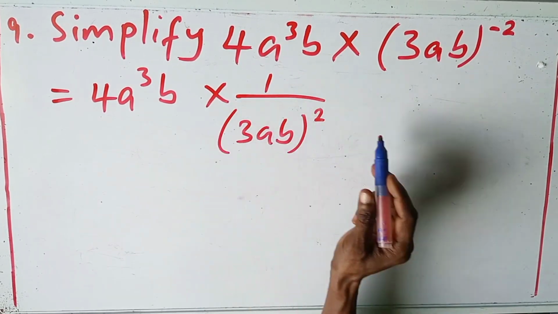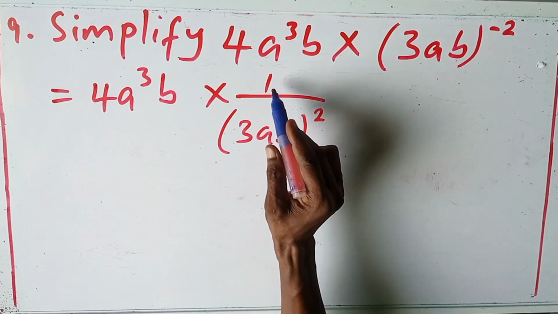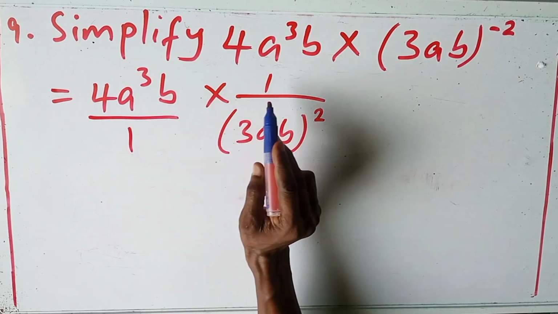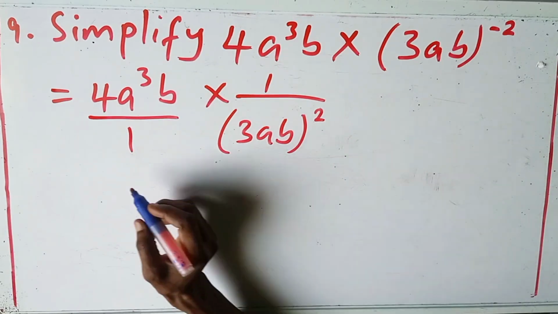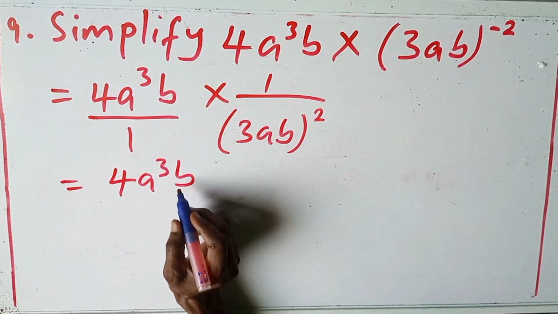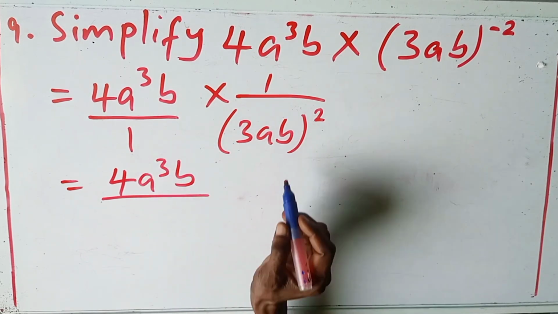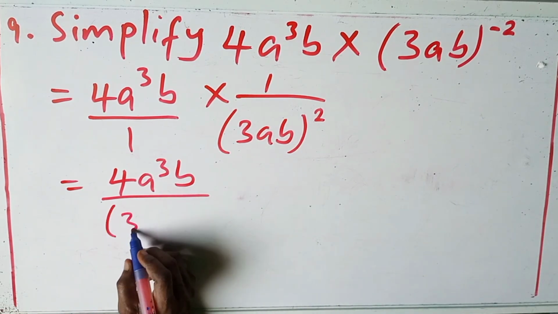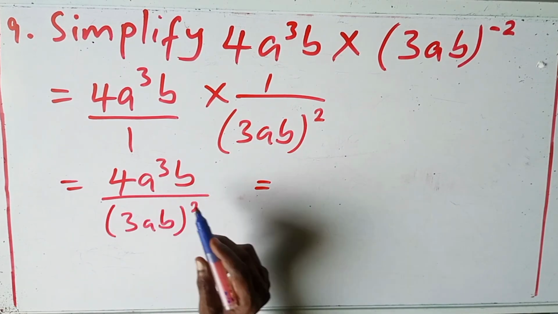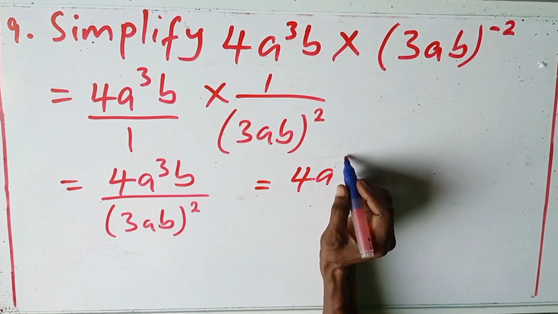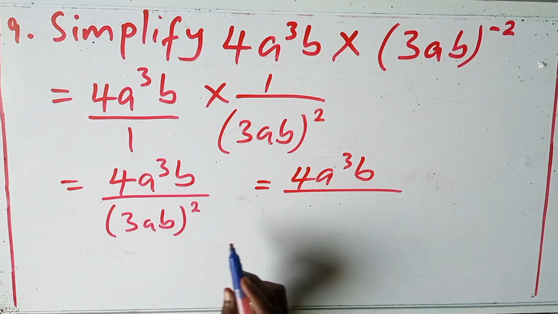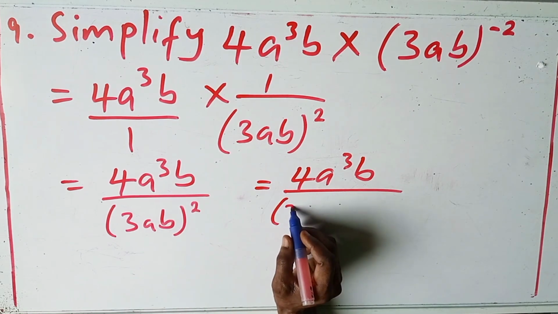Remember our laws of indices. Since this is a fraction, let's make the other side also a fraction. So let's multiply the numerator, and that will give us 4a raised to the power 3b. Then the denominator, 3ab squared.